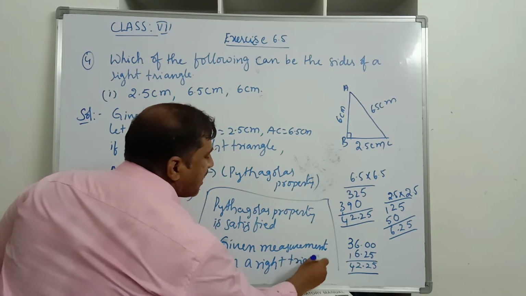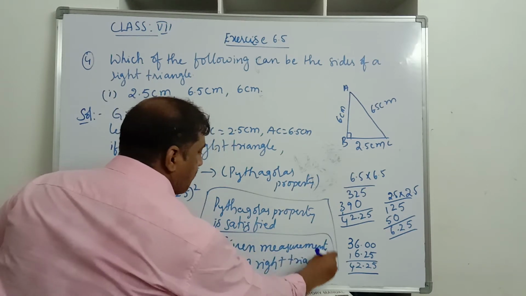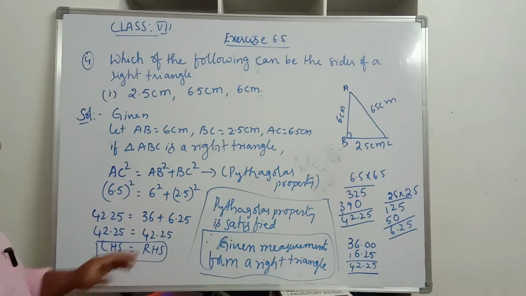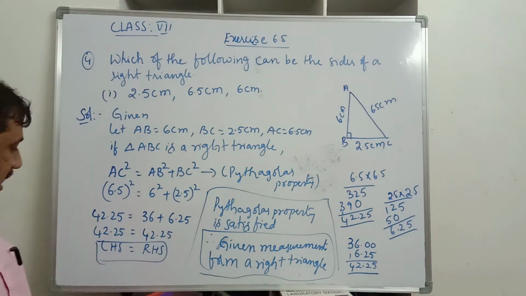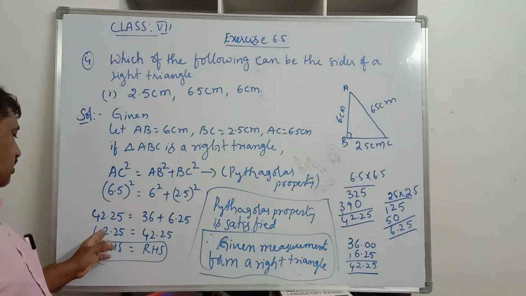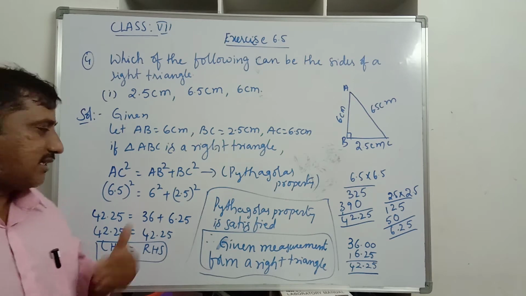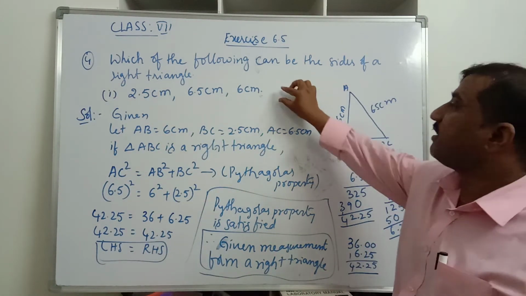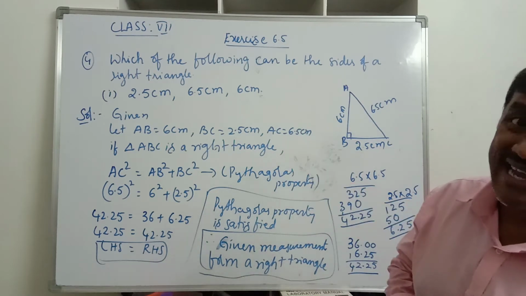So when can we say that a right triangle is not formed? If the Pythagoras property is not satisfied, it means LHS and RHS are not equal. If we get two different values, then Pythagoras property is not satisfied. Hence the given measurements will not form a right triangle.